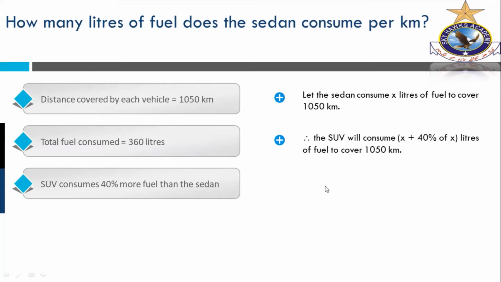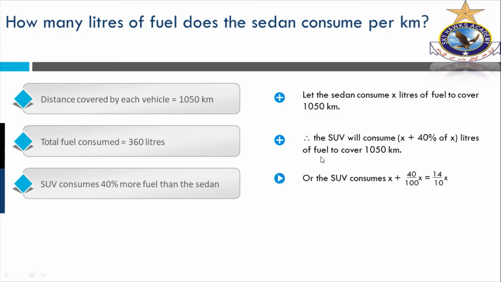If we suppose the unknown x, we have to express our mathematical equations with respect to x. X is the consumption, and 40% of x is the extra consumption for the SUV, and definitely this will lead to the solution, and the distance is the same. So this is for the second vehicle, the SUV.